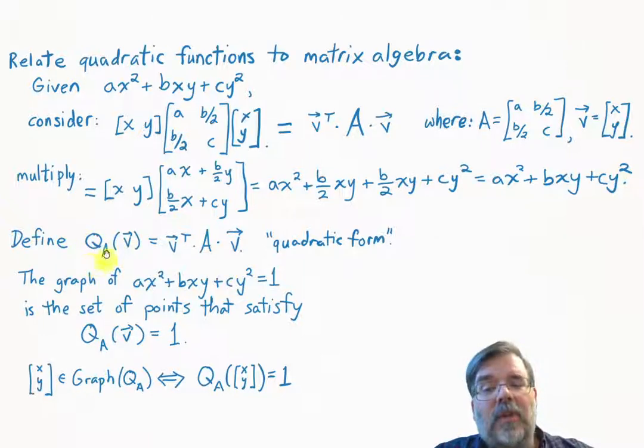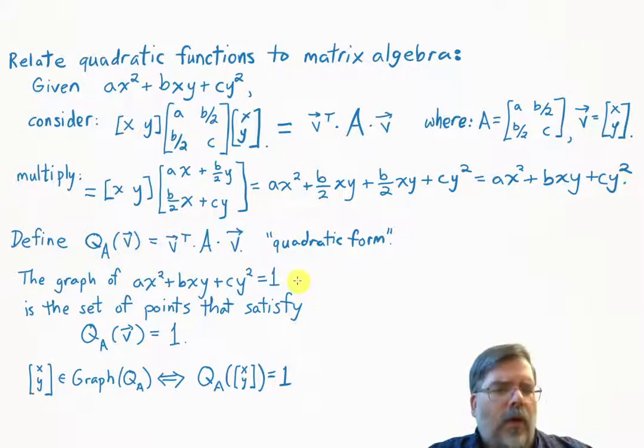The function we call q sub A, q for quadratic, and the sub A indicates the matrix which appears in the middle here. And on either side, we have the input vector v. It's transposed on the left and as normal on the right.